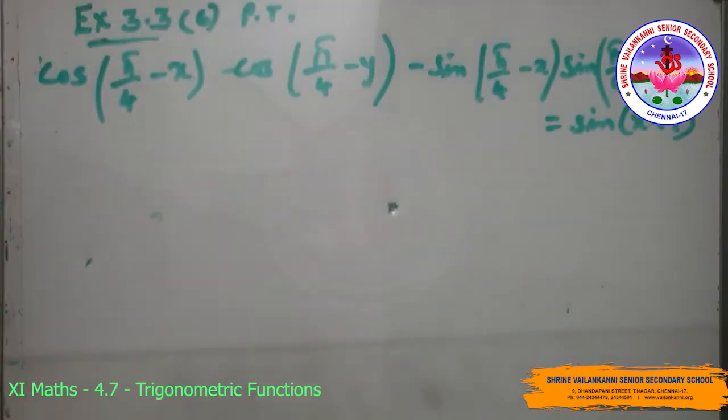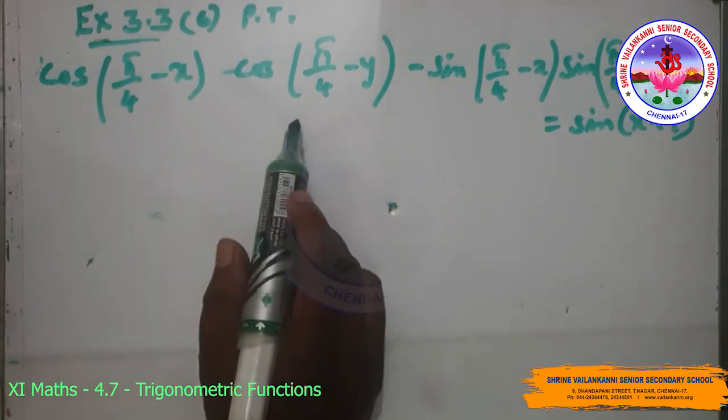Sixth one, prove that cos pi by 4 minus x, cos pi by 4 minus y minus sin pi by 4 minus x into sin pi by 4 minus y, which is equal to sine of x plus y.